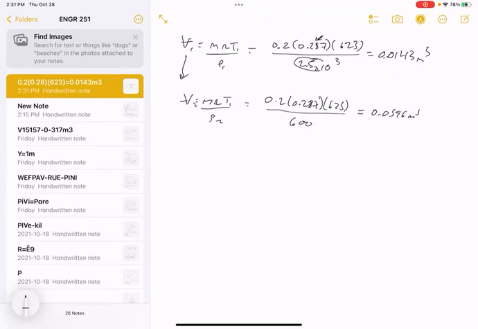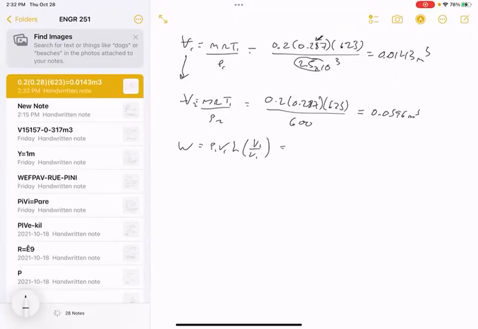But the end result is that for an isothermal process, the work is equal to P1 V1, sorry, ln of V2 over V1. Okay, this is the equation for an isothermal process, which this is.